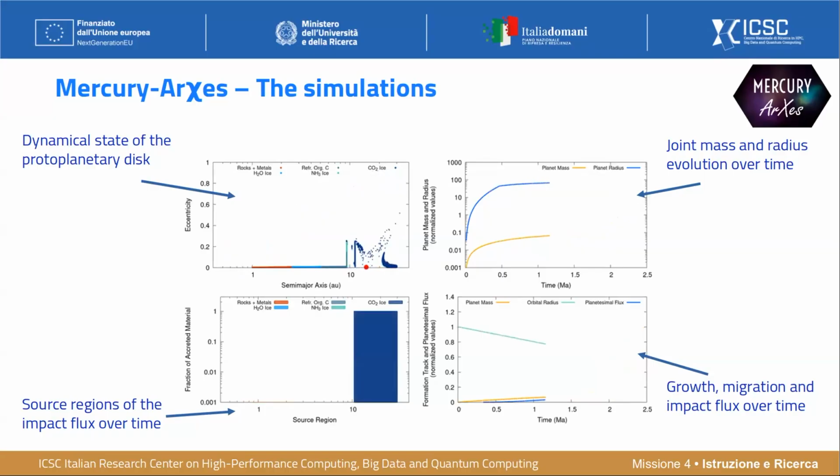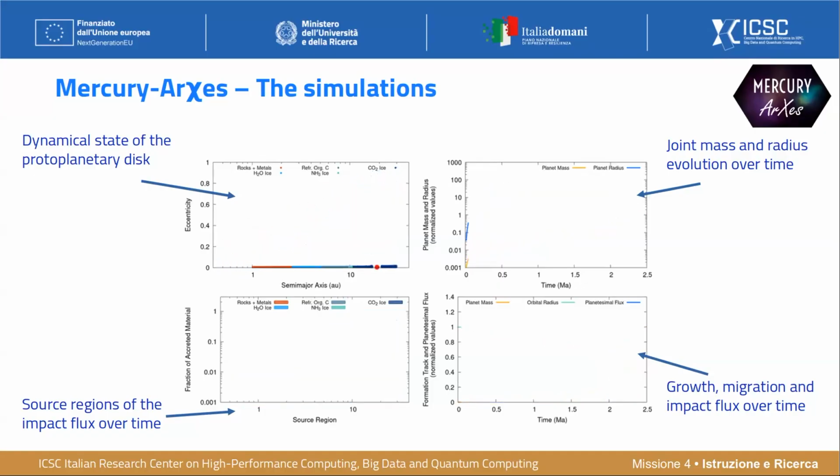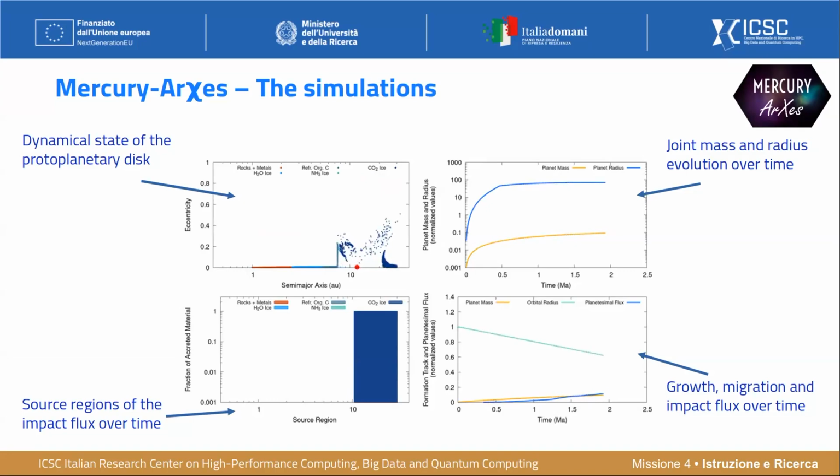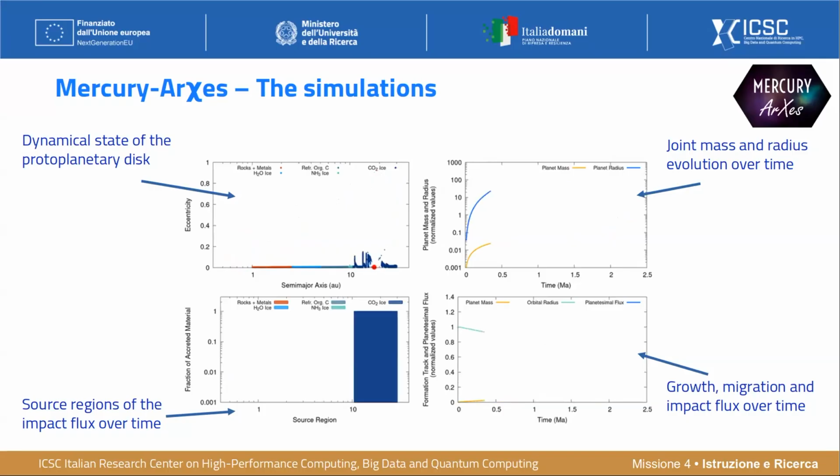In the bottom right plot, you see the orange curve in linear scale instead of logarithmic, together with the migration track. You see the semi-major axis, this time normalized to the initial radius, so we end up with a fraction of an AU. This simulation started at 19 astronomical units and the planet ends up at 0.5 AU. And the blue curve is the planetesimal flux impacting on the planet during the growth and migration, accounting for its physical radius as capture radius.